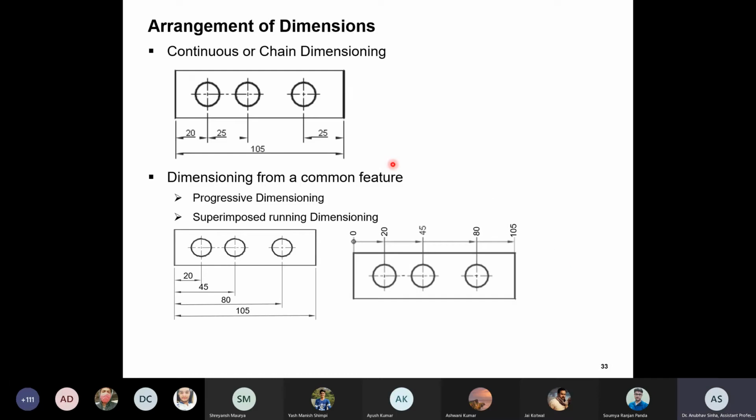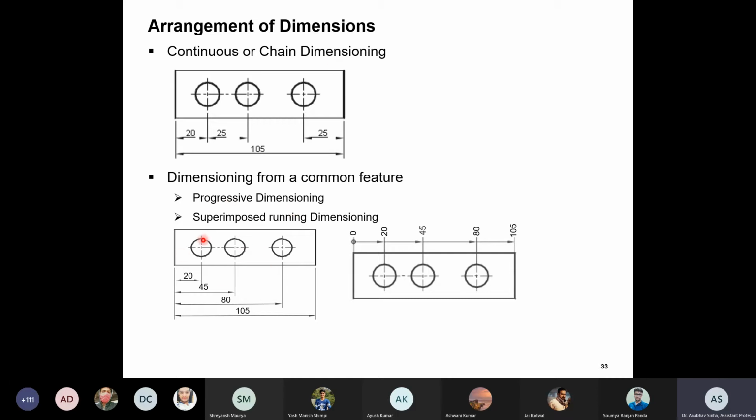This is about arrangement. Can I have continuous or chain dimensioning, or a common feature? As you can see in these pictures, in continuous dimensioning I can mark 20, 25, with 25 starting from here. But in common feature we take one common line and mark the dimensions from there. That is the difference between continuous or chain dimensioning and progressive dimensioning.